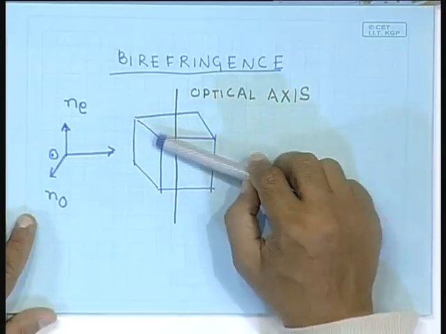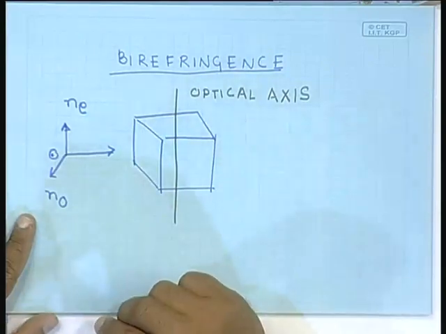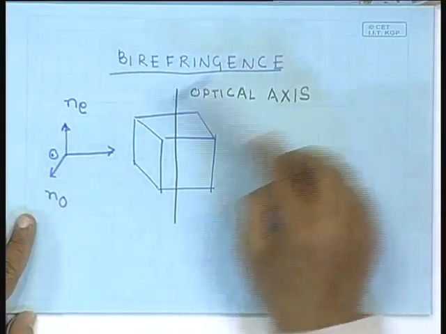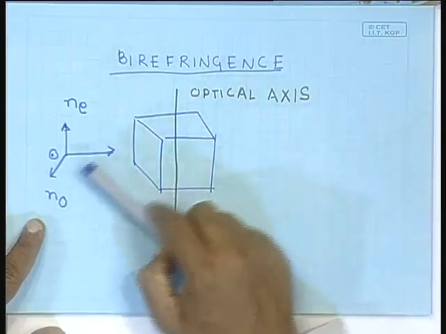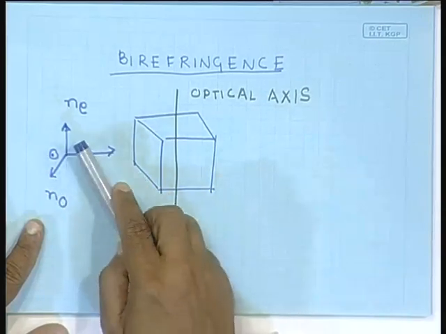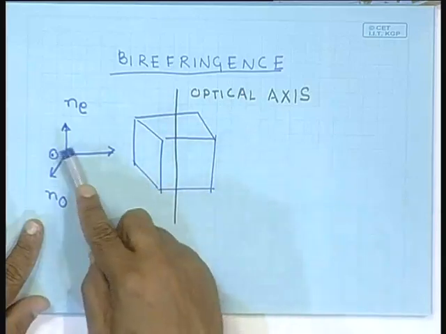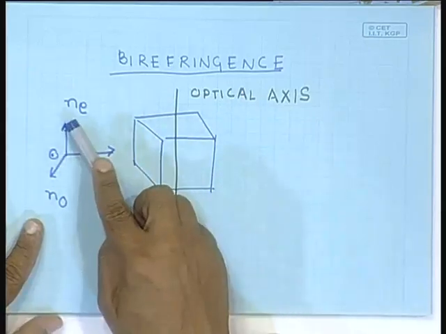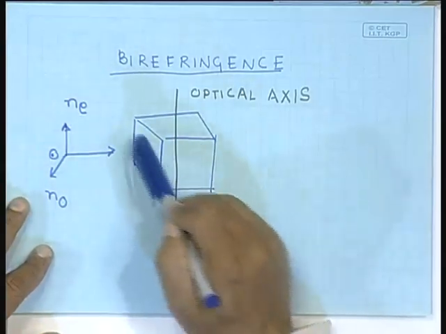There is light incident on the surface over here. Now, what we mean by birefringence in this particular context is that when the incident light has the electric field aligned with the optical axis, it experiences a refractive index Ne, the extraordinary refractive index for this material.